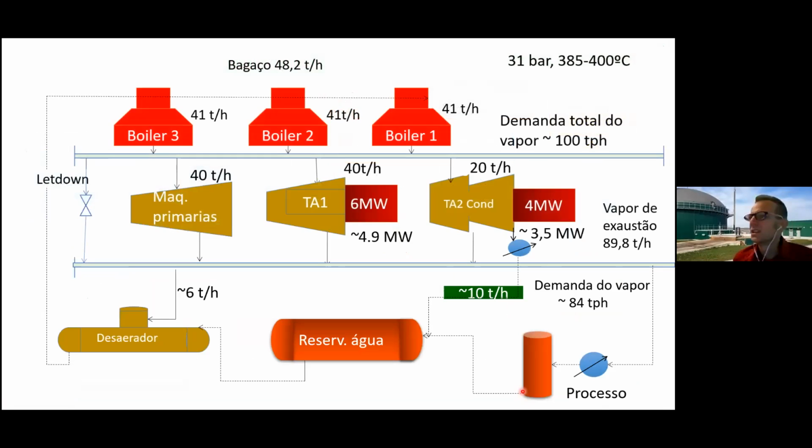Now this was the overview of the sheet that was presented. That will give you more information on the electricity and heat production side. As we know, there are 3 boilers, each with the capacity of 41 tons per hour of steam, producing a total of roughly 100 tons per hour of steam.